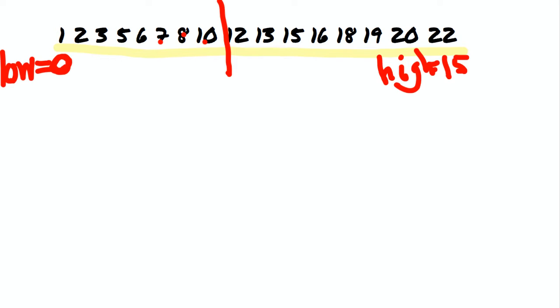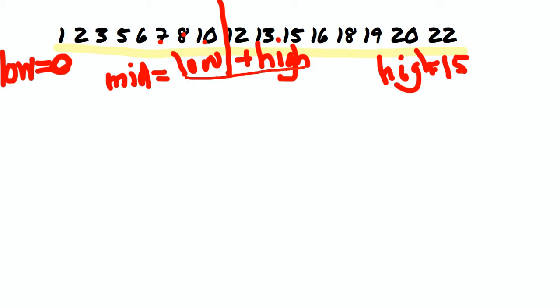The way to get the middle split is to solve for mid, which is the low plus high index divided by 2. So 0 plus 15, well, we get a decimal number, so we need to apply, say, floor.